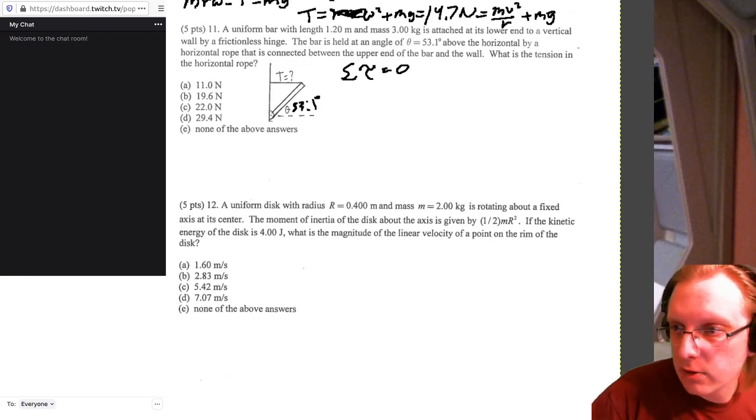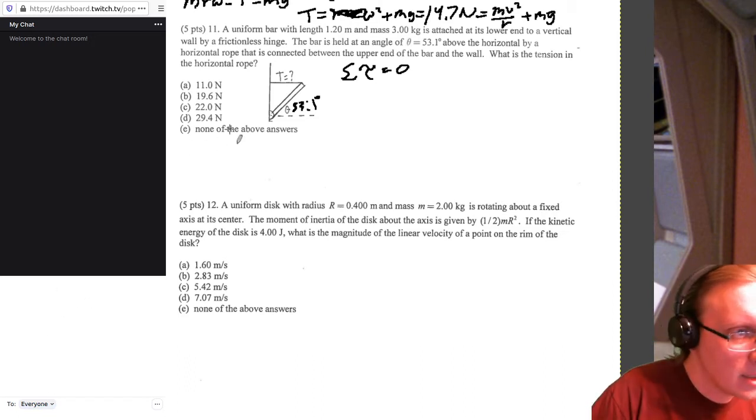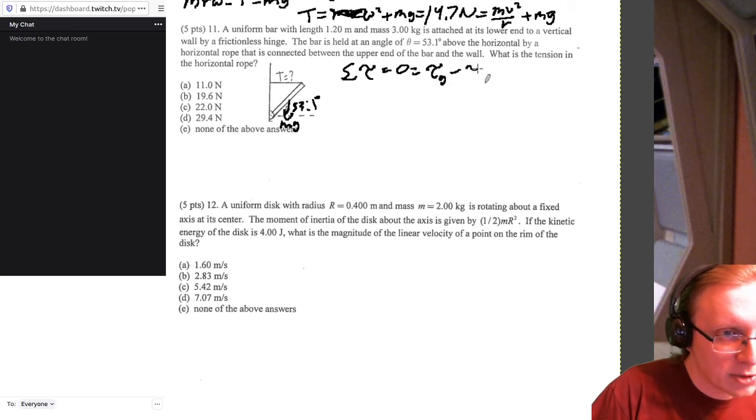So pulling down, we have mg, so we have torque due to gravity minus the torque due to tension.